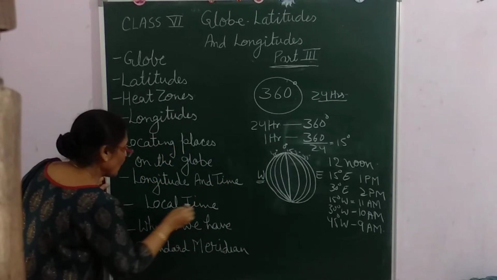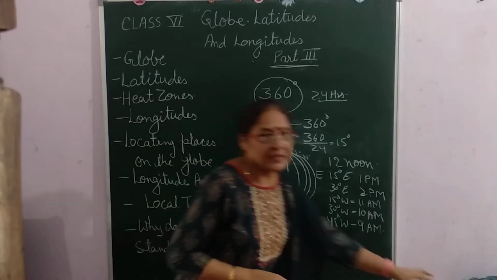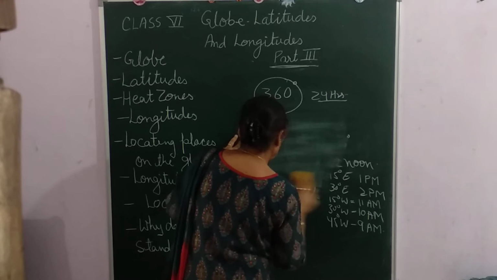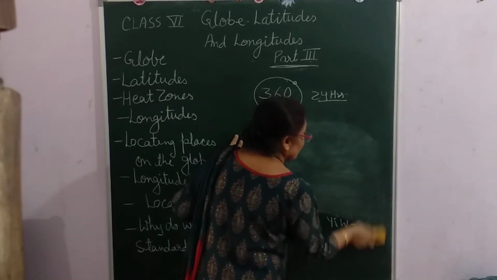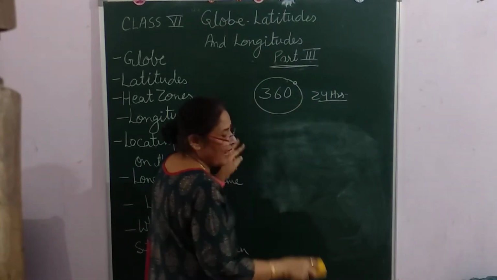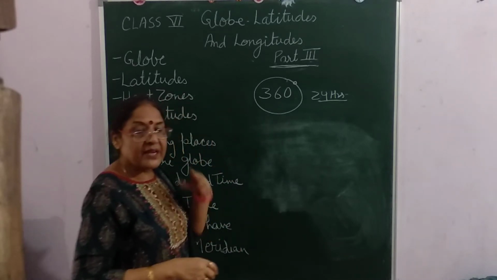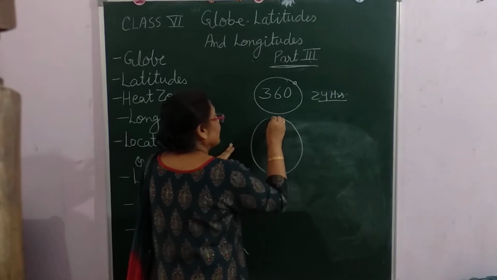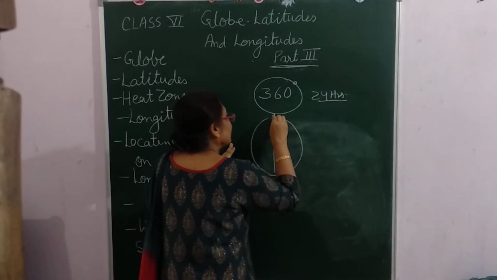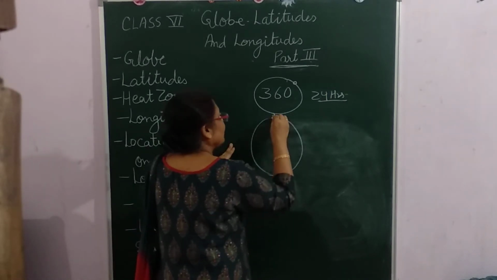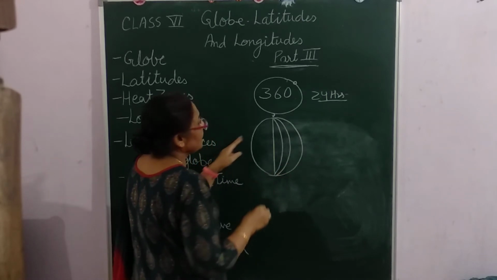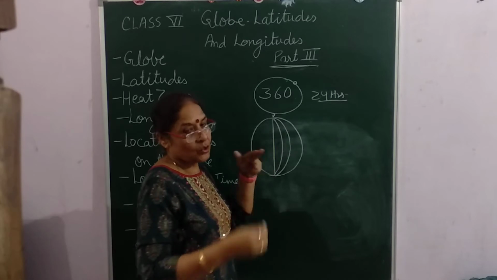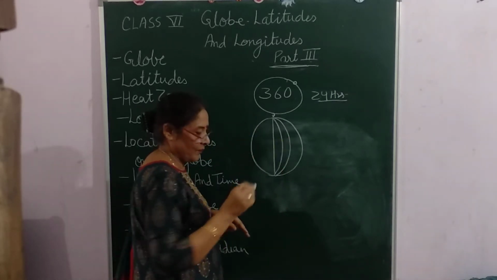Now come to the local time. What is local time? Every meridian has its own time. This is 0 degree, this is 1 degree, this is 2 degree, and each meridian has its own time. This own time is known as its local time. Clear?